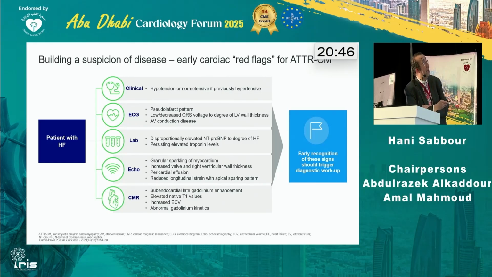Hypotension, if patient hypertensive in the past. Low voltage, AV conduction disease, the patient had a bundle branch block, needed a pacemaker. Very high BNP and troponin without significant coronary disease. And on the echo, thickening of the right ventricle, left ventricle, interatrial septum, apical sparing with longitudinal strain. And on the cardiac MRI, increased extracellular volume and native T1.